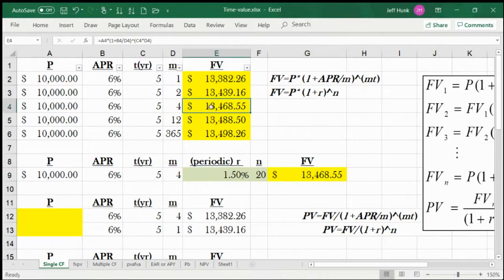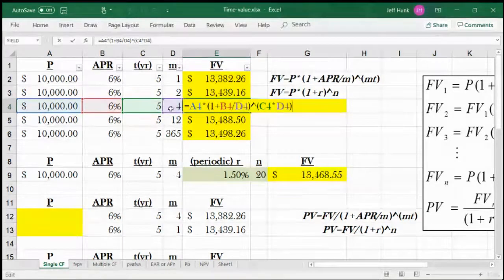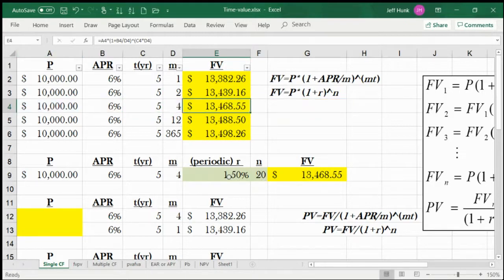In this case, I made the adjustment to APR and T. In other words, APR divided by M is R, the periodic rate, and T times M is N. But I made that adjustment inside the formula, whereas here I made that adjustment outside the formula.